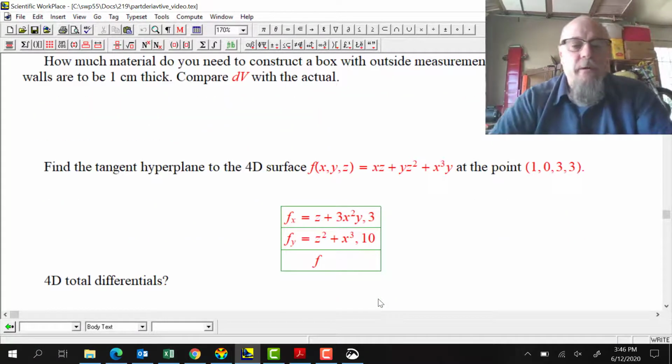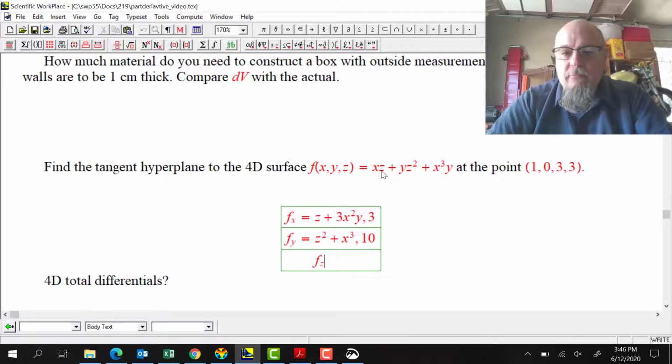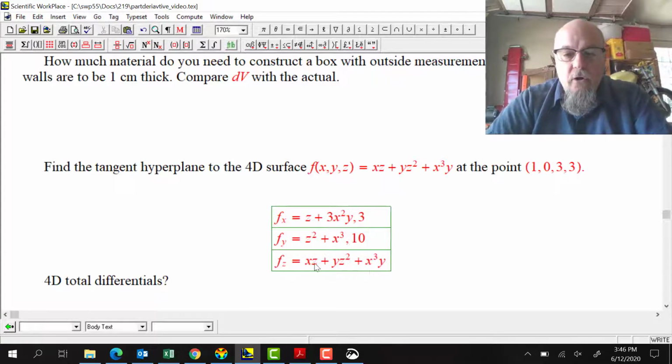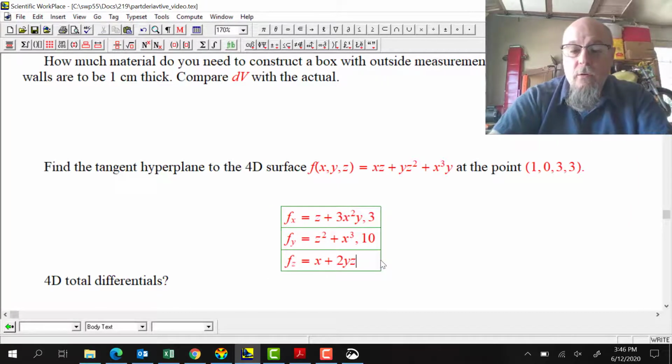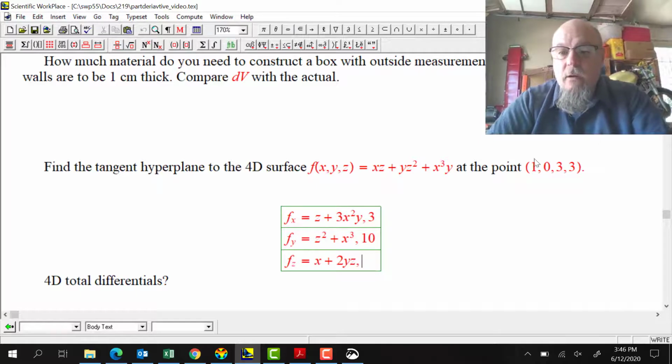And the point of this example is there's a third one because it's a hyperplane. So I need to take the derivative of this with respect to z. So the 2 comes down, subtract 1 from the exponent. There's no z's in here, so its derivative is 0. And that's got to be a number. Y is equal to 0, that's 1.